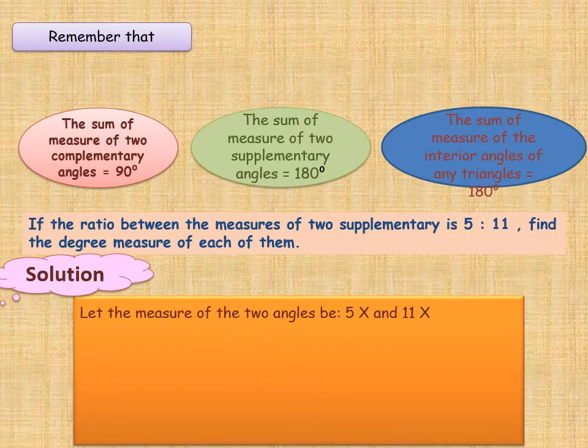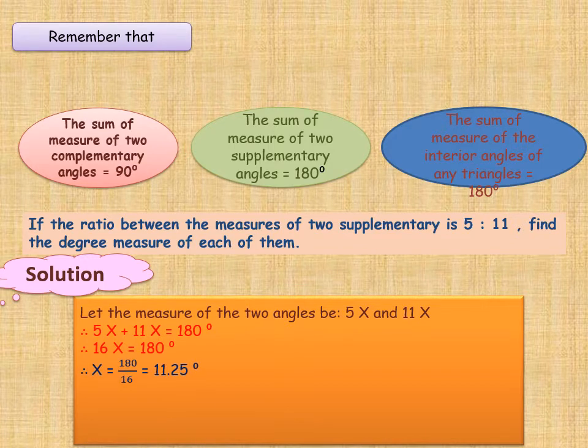Two supplementary angles means their sum equals 180 degrees. So 5x plus 11x equals 180 degrees. Finally, 5 plus 11 gives 16x equals 180 degrees.